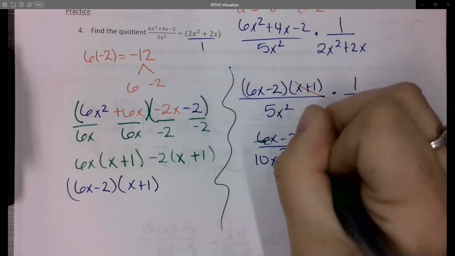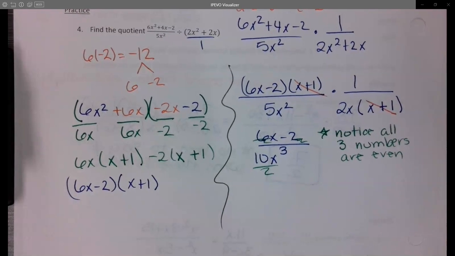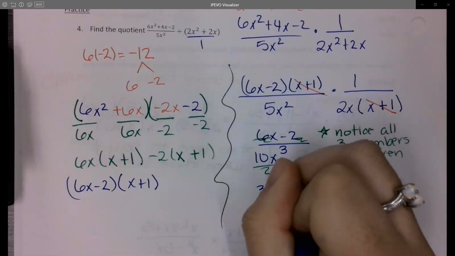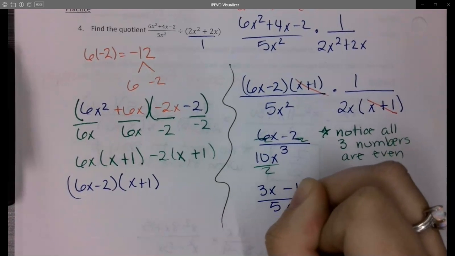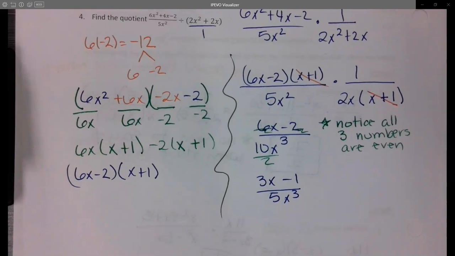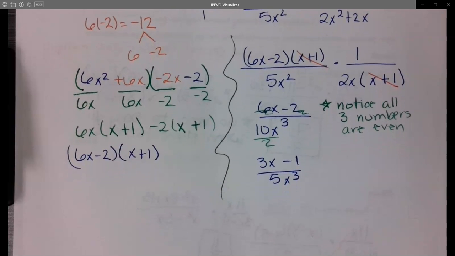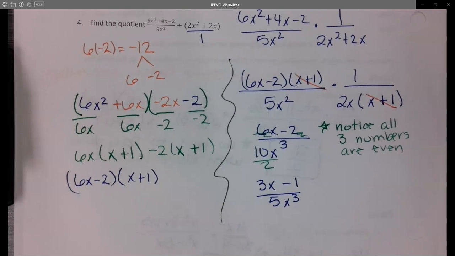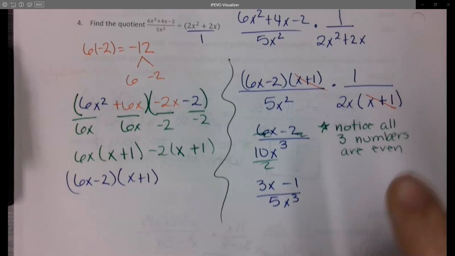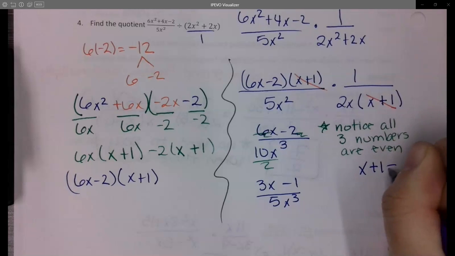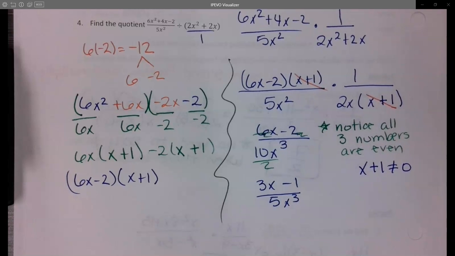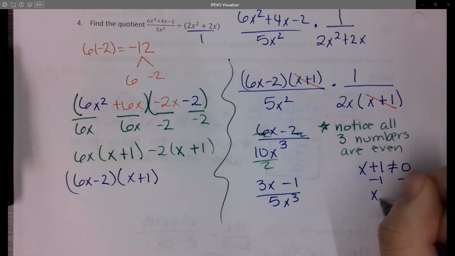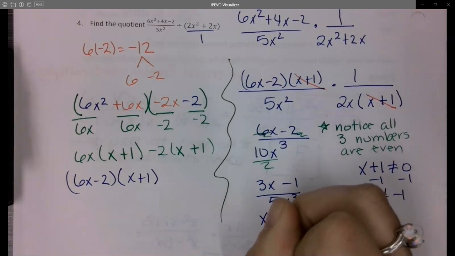So if I divide this by 2, and this by 2, and this by 2, that'll get me 3x minus 1 over 5x cubed. Then I just need to take the part I canceled out and set that not equal to 0. So then I would subtract 1 on both sides, and I get x doesn't equal negative 1.